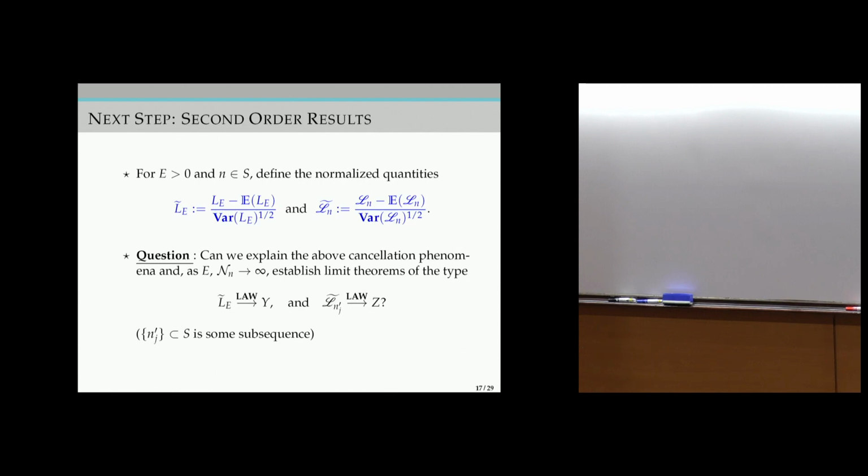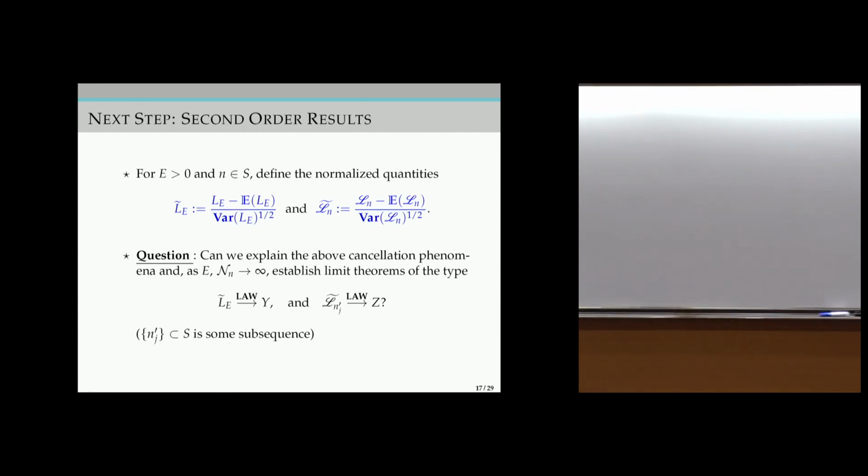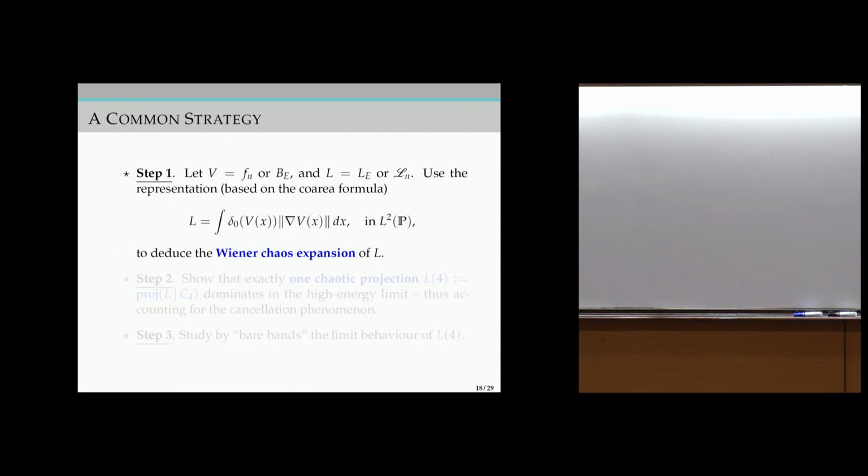And this is the connection with the first part of the talk: this kind of question, and also the cancellation phenomena that were observed by Berry and in the other reference here, are all related to the same phenomenon, which is the following. First of all, in any case, you can always represent the length of a given nodal set in this form. This is an application of the co-area formula.